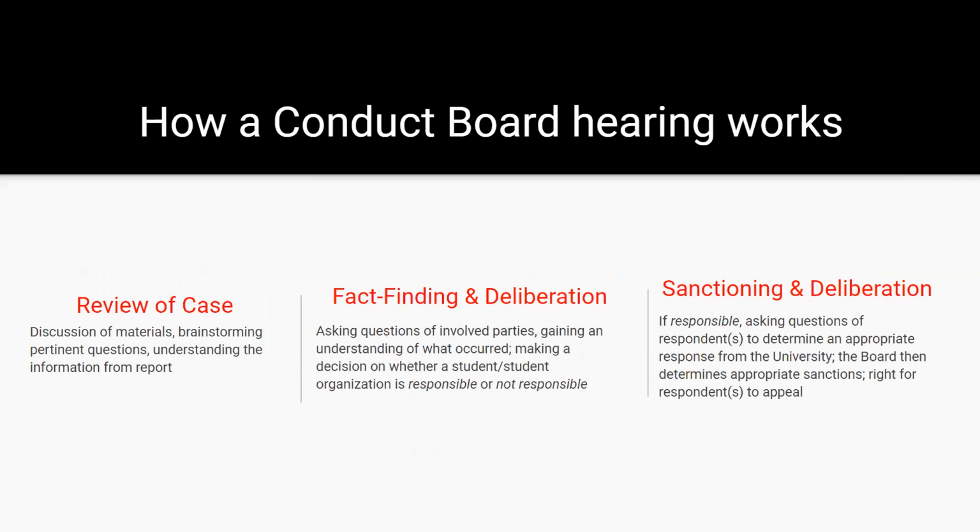Following this, board members will make a decision on whether a student or student organization is responsible or not responsible. If a student or student organization is found responsible for violating the code, board members will have an opportunity to ask questions of the student or the organization to determine an appropriate response from the university by issuing sanctions. Following the hearing, the charged student has the right to appeal the decision.